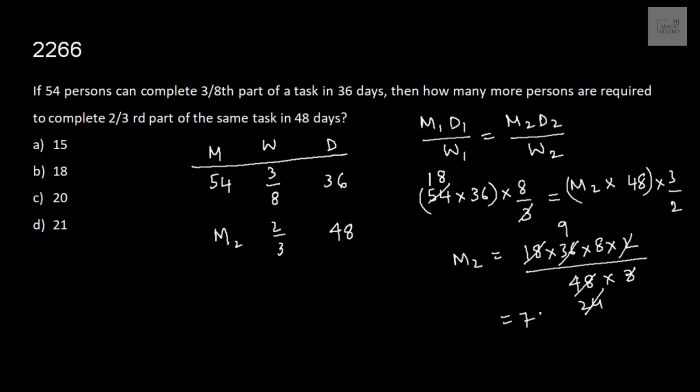So that gives 72. We require 72 people to do 2/3 of the task in 48 days. Now the question is, how many more people are required? So extra number of men required are 72 minus 54. That is equal to 18. Option B fits in.